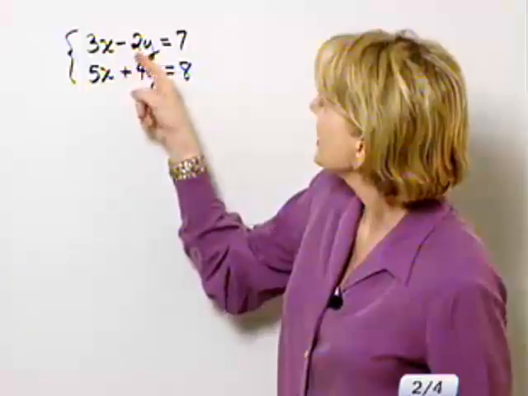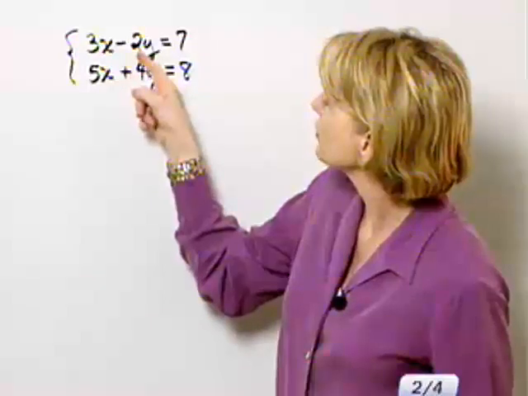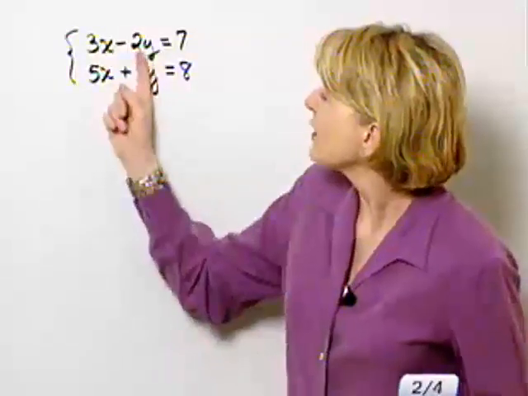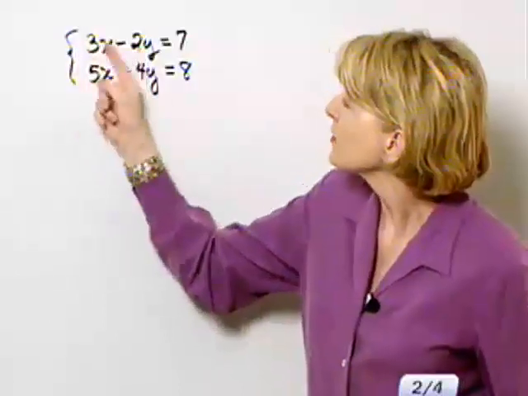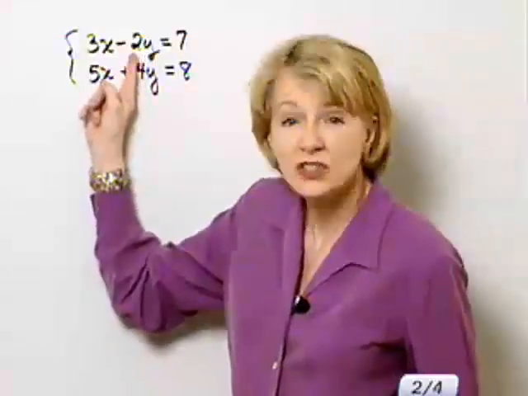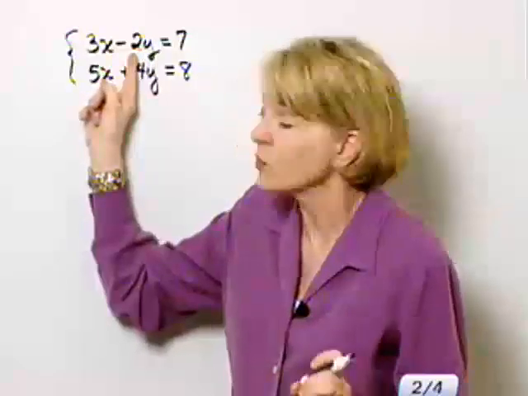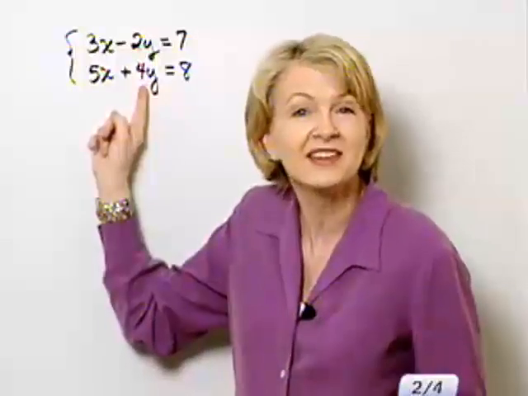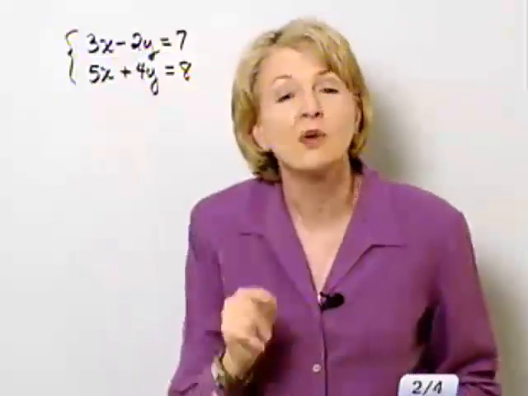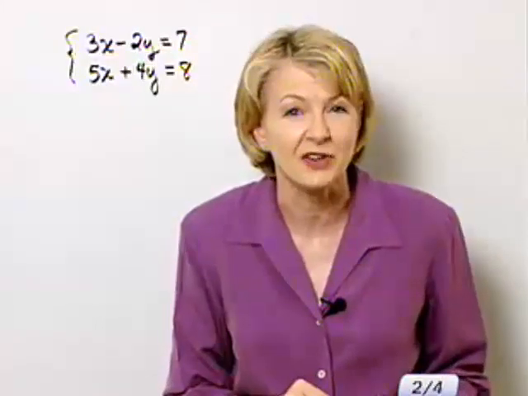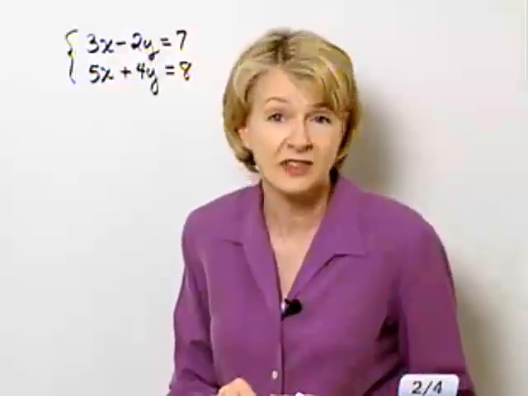Notice I have negative 2 for this coefficient of y and 4 for that coefficient of y. If I multiply the first equation through by 2, I'll have this coefficient being negative 4, and this coefficient is still 4. The coefficients of the y's will be opposites of each other, and that's what we'll do.